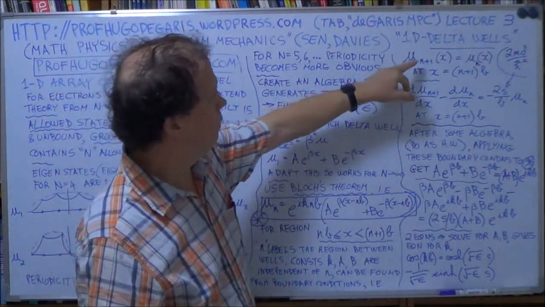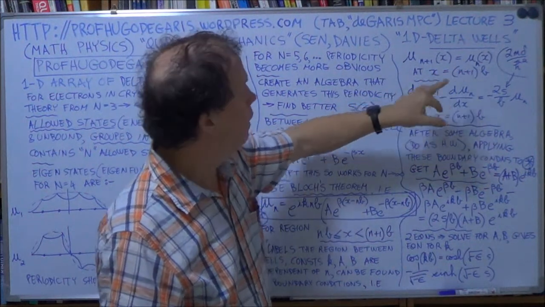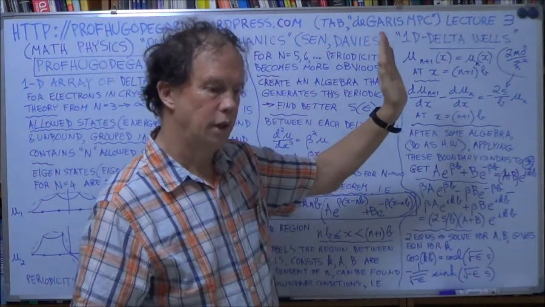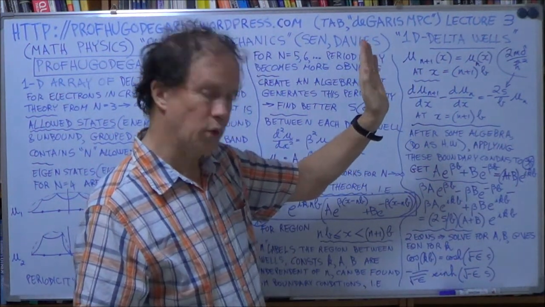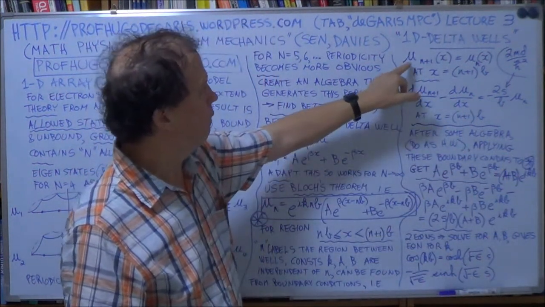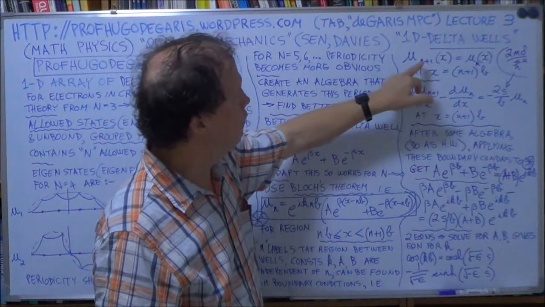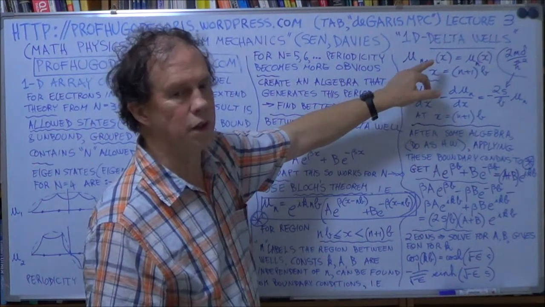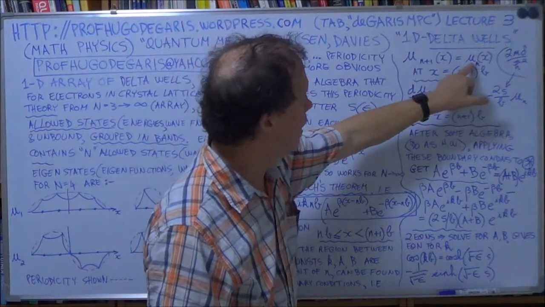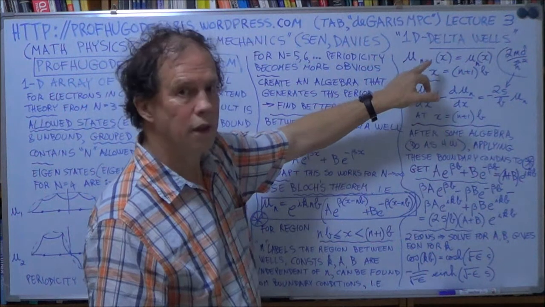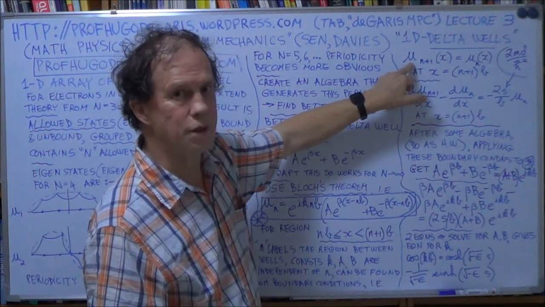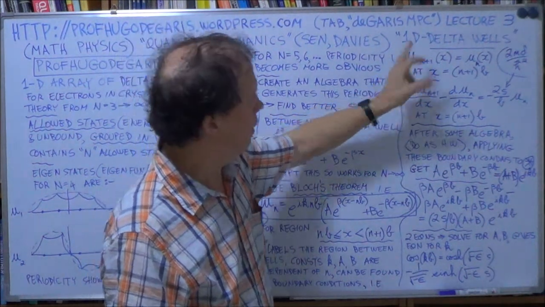Now, the continuity conditions at each boundary, like at every delta well, at every b, little b. On the infinitely small distance to the left of the boundary, here, that value needs to equal the value at an infinitely small distance to the right of the boundary.